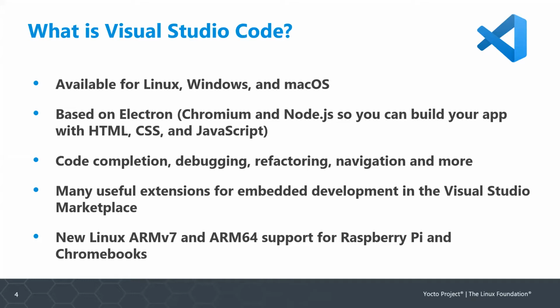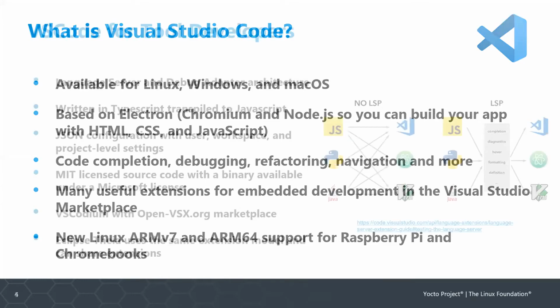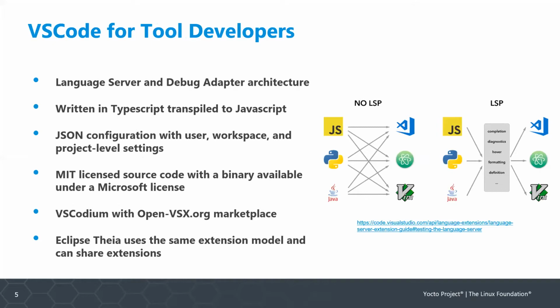Now that's all well and good, but if you're a tool developer, you might really want to know what's going on under the hood and why this is different from the setup you have right now with Vim, Emacs, or your favorite IDE.